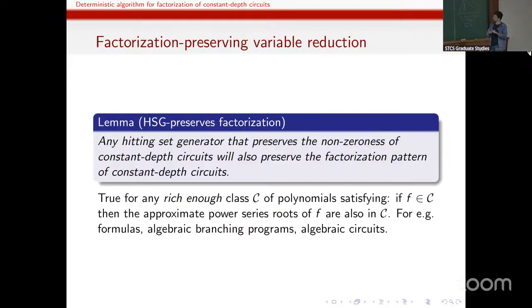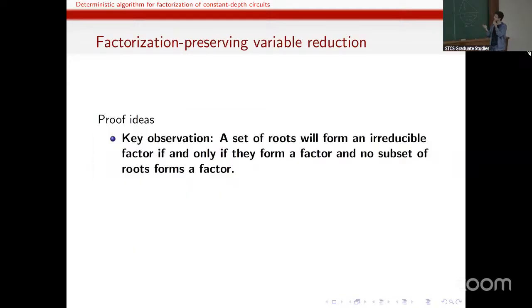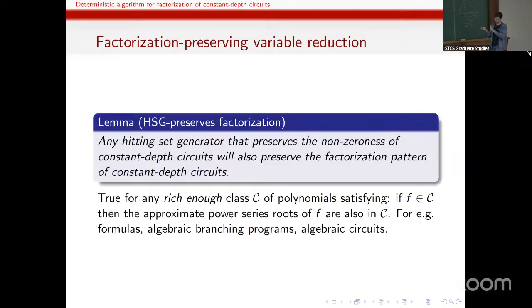And the proof ends up telling us that this is true for any rich enough class of polynomials. All you need is some sort of closure result to hold for power series roots, which is what we saw in the previous talk. So yeah, this is the main lemma.